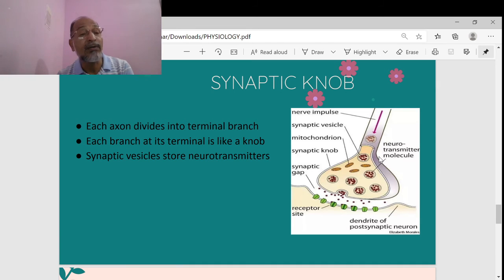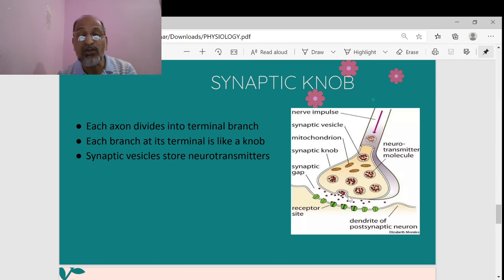This is how the axon ends in the synaptic knob, and they communicate their impulses through the neurotransmitter molecule through the synaptic gap and the synapses to the dendritic part of the other neuron.